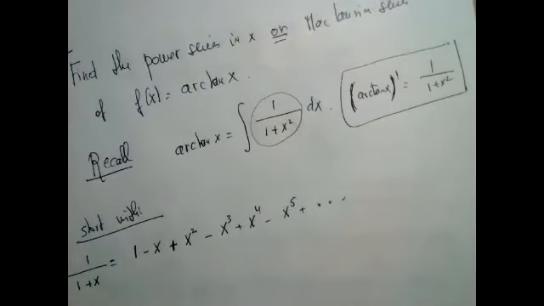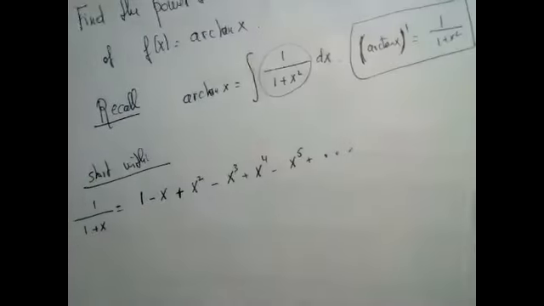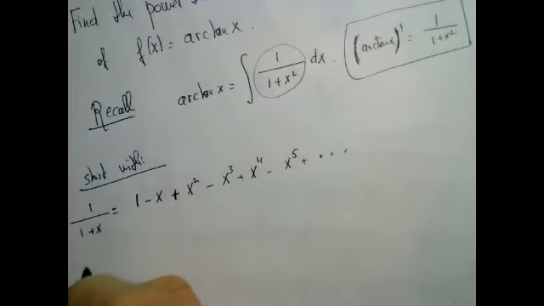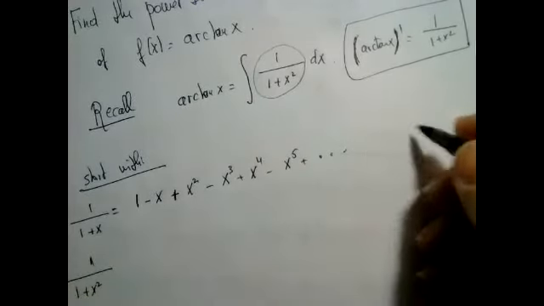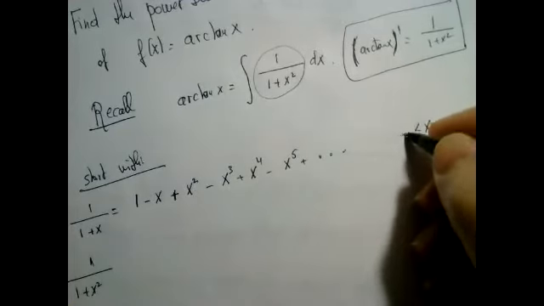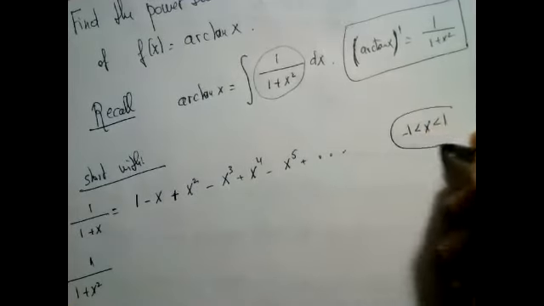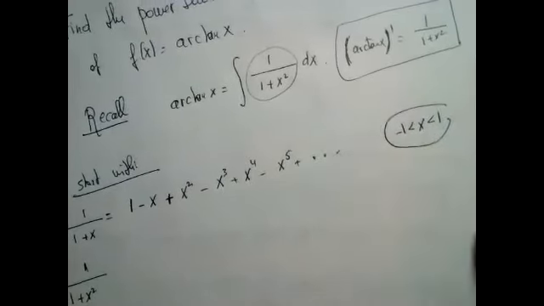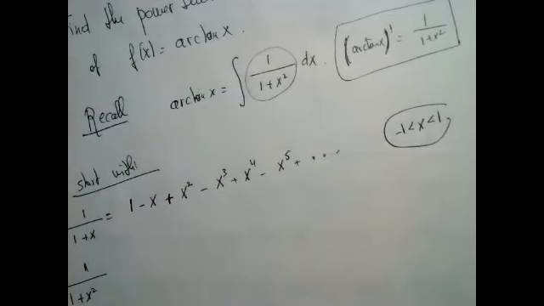Thanks, Grace. You're welcome. All right, so this is 1 over 1 plus x. Now I want 1 over 1 plus x squared. And this holds when x is between -1 and 1. And the dots mean there is a pattern, plus x to the 6, minus x to the 5, and so on.